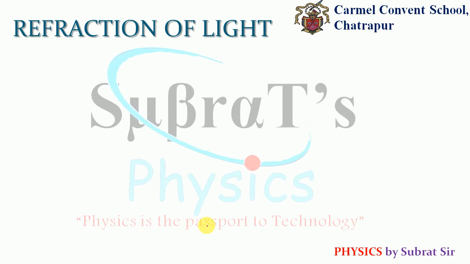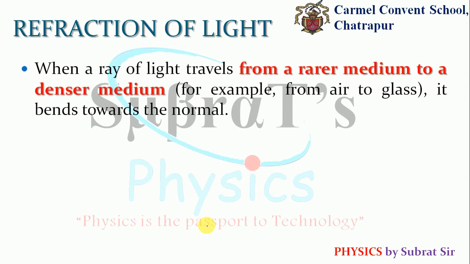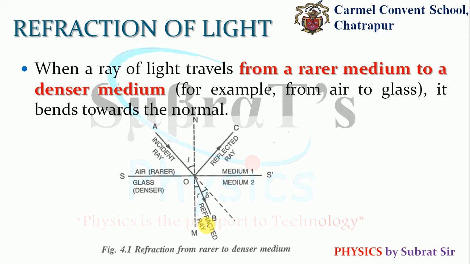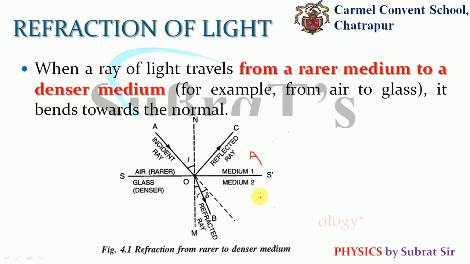Now, when a ray of light is traveling from a rarer medium to a denser medium, what will happen? It will bend towards the normal. Let us have a look at this figure. This one is the incident ray and this one is the surface. The above surface is air and the below surface is glass. This is the incident ray, this is the partially reflected ray, and this one is the partially refracted ray.